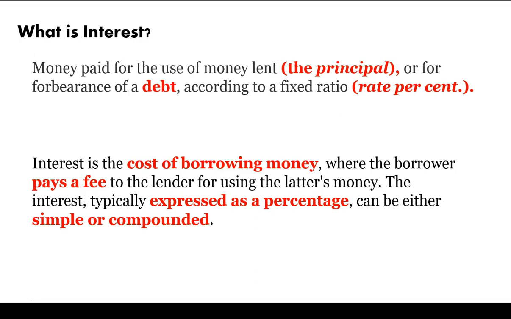So again, somebody's loaning you money, usually a bank, it could be a relative, it could be some individual payday lender. In the short term, they are losing the use of that money. So how do they compensate themselves? How do they make this worth their while? They charge you something called interest.